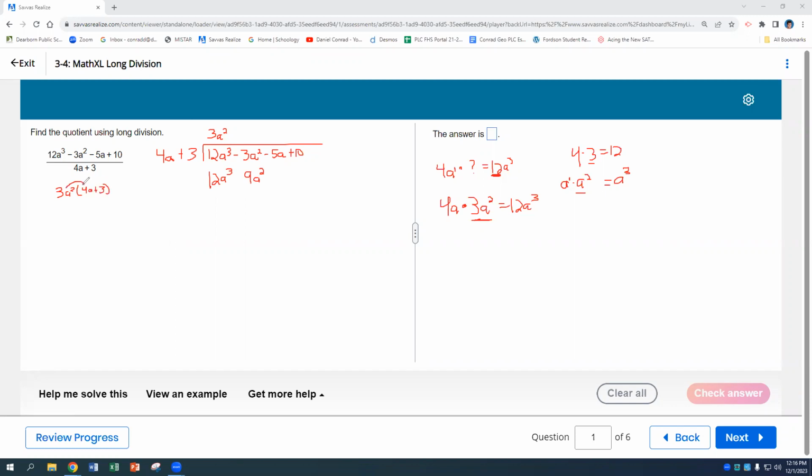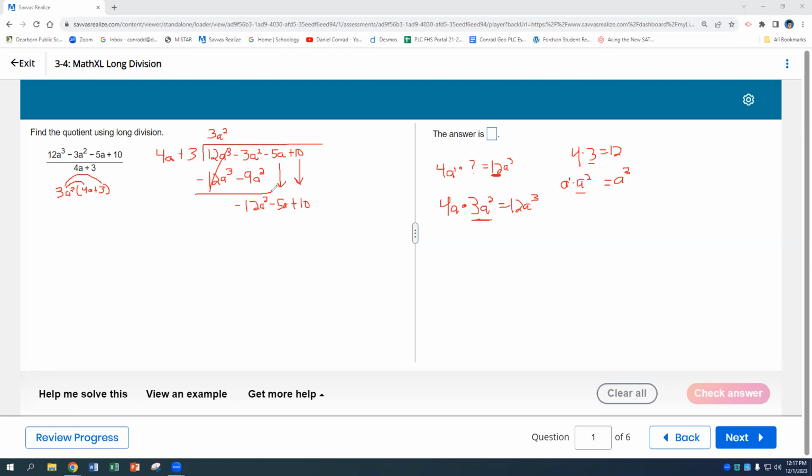We're going to subtract now, so we need to switch the signs. So this becomes minus and minus because we're subtracting. These will cancel. We're left with negative 12a squared, because negative 3 minus 9 is negative 12. And then we bring down the minus 5a and the plus 10.